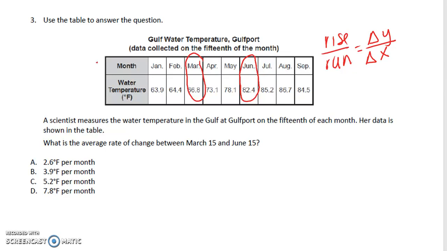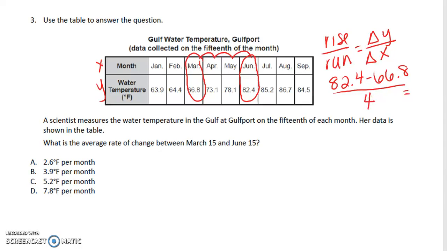All right, so we have our x, we have our y. So our change in y, 82.4 minus 66.8, over the change in months.